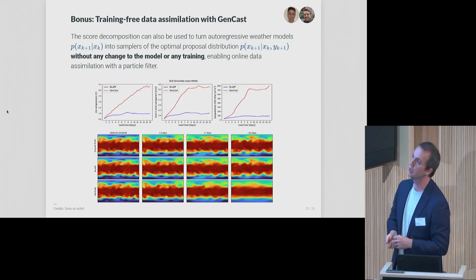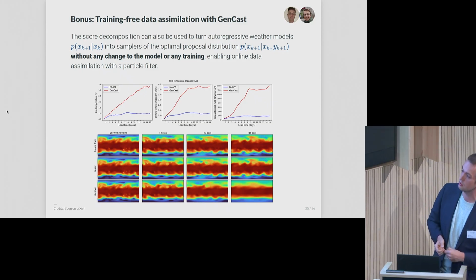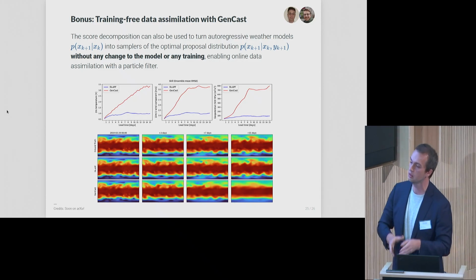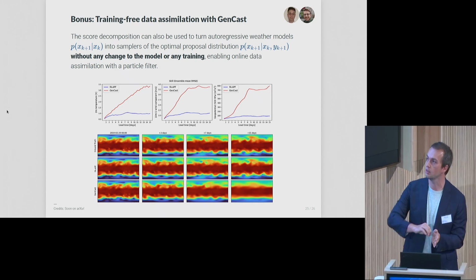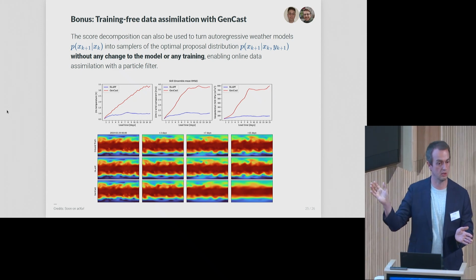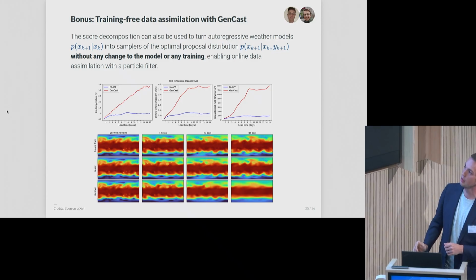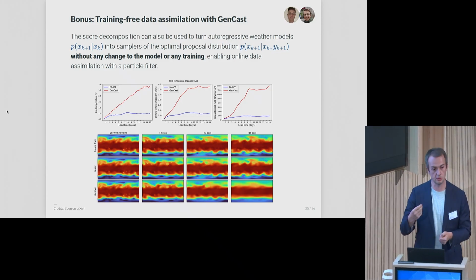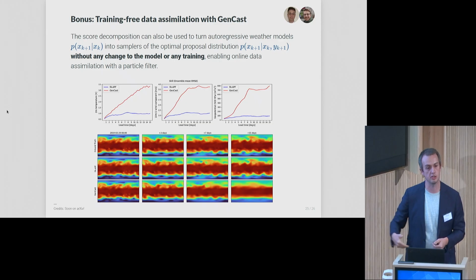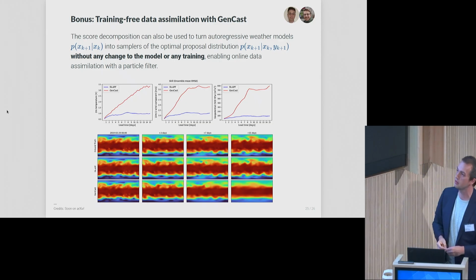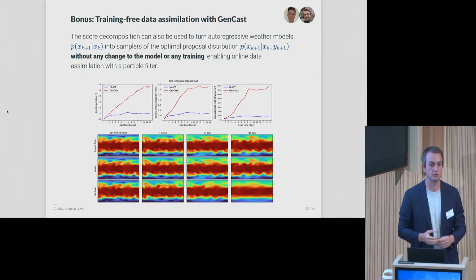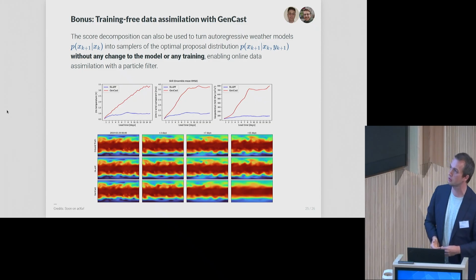This is what we have done in a recent paper, which will soon be on arXiv. In the plot, in red, you see a forecast of GenCast, which is initialized at some state. And of course, it will diverge from the ground truth trajectory eventually. There is no surprise about that. However, if you do the forecasting conditioning on observations that you may have for each time step, then it will remain close to the actual ground truth trajectory.